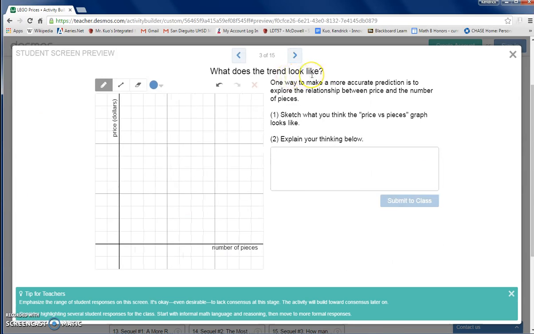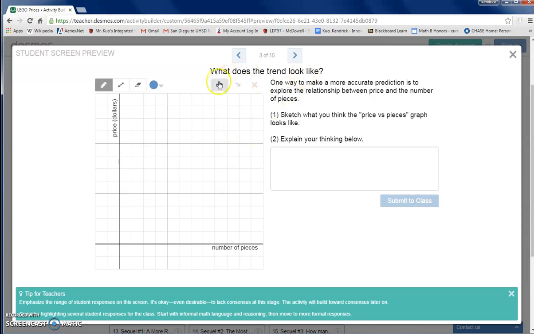What does the trend look like? So one way to make a more accurate prediction is to explore the relationship between price and the number of pieces. We've been in this lesson and in previous lessons dealing with slope and rates of changes. So let's go ahead and assume that the price or the rate for the number of price per piece is constant, and we do not want to deal with a line that is accelerating.